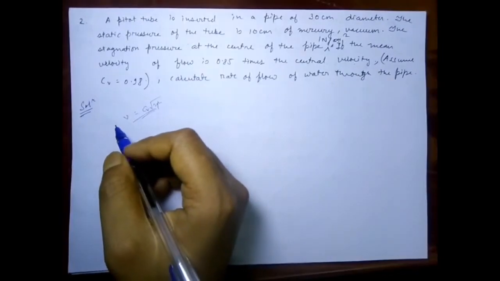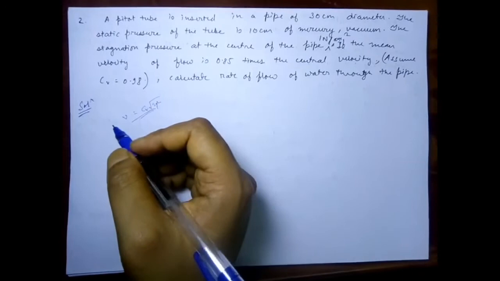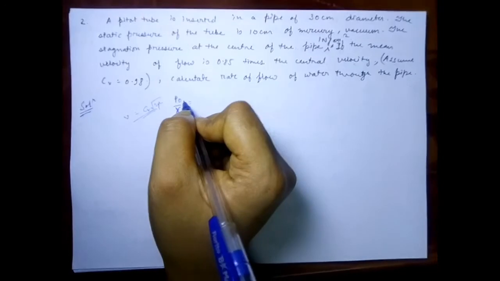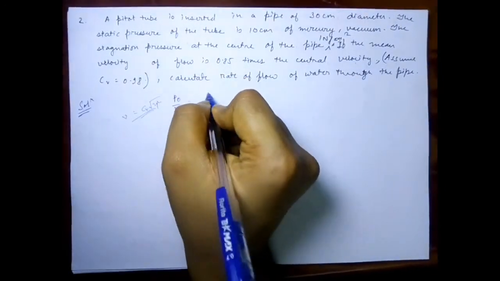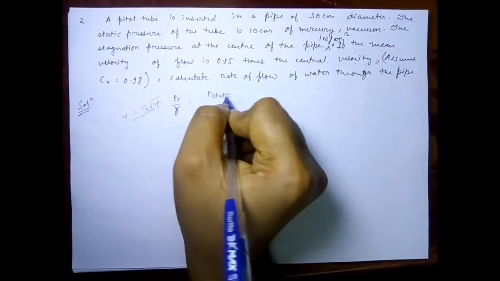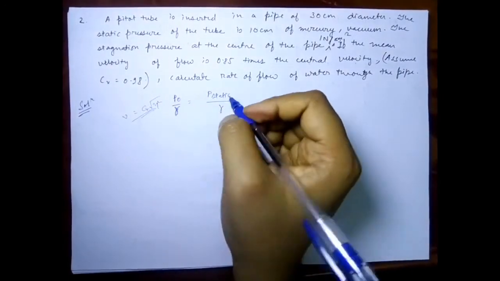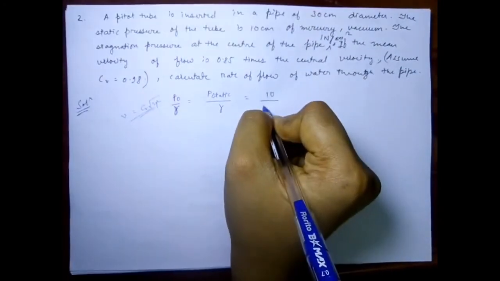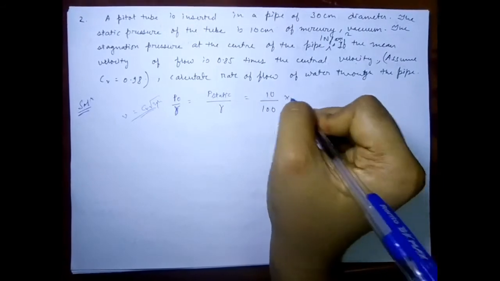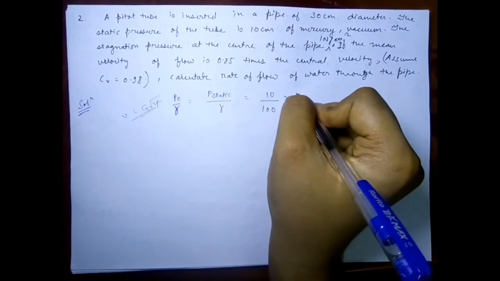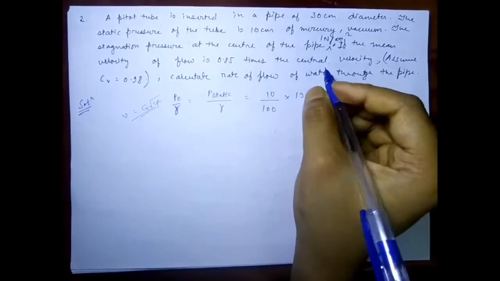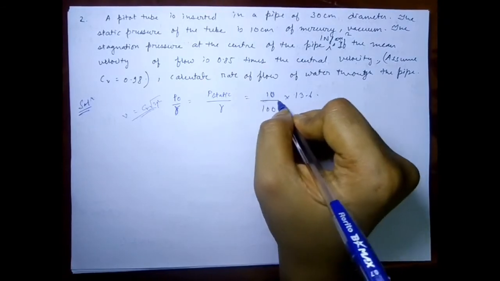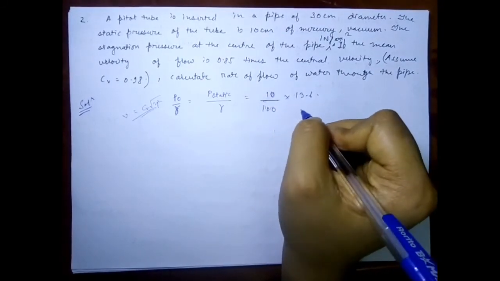So the solution can be written like this: P naught upon gamma, that is the pressure, is equal to P static upon gamma, and it is equal to 10 by 100 times 13.6, because the liquid is mercury, P static is 10 centimeter and 100 centimeter is the maximum possible height.